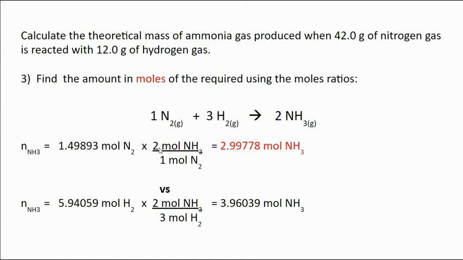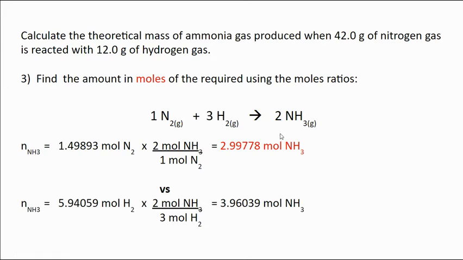I've set up my mole ratio. What I'm trying to find, my required, that value goes in the numerator. That 2, just to remind you, came directly from the balanced equation. And I know for every 1 mole of N2, I'm going to create 2 moles of ammonia, so twice as much. Ignore the red for a moment. I'm going to do the same thing for hydrogen, presuming it's the one that runs out first.